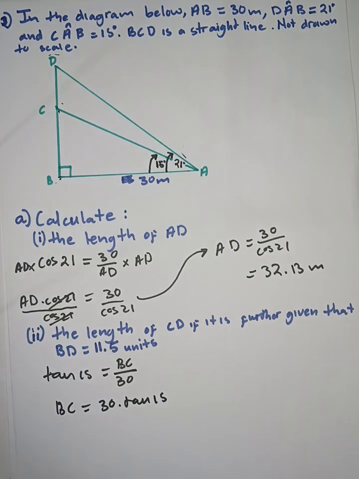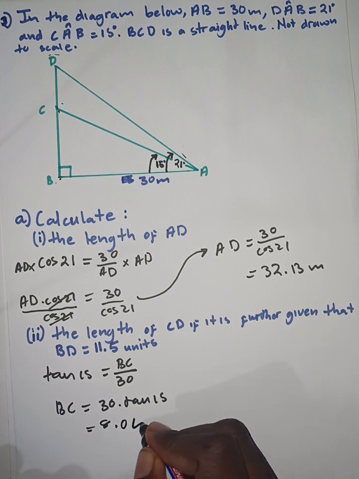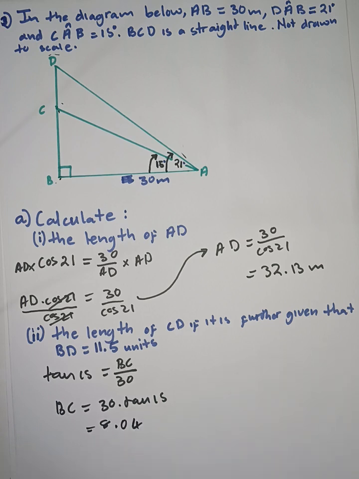If you put that on your calculator, let me just see what we get, you would get a value of 8.04. Now in this case, you need to keep all your decimals, because that's not the final answer.